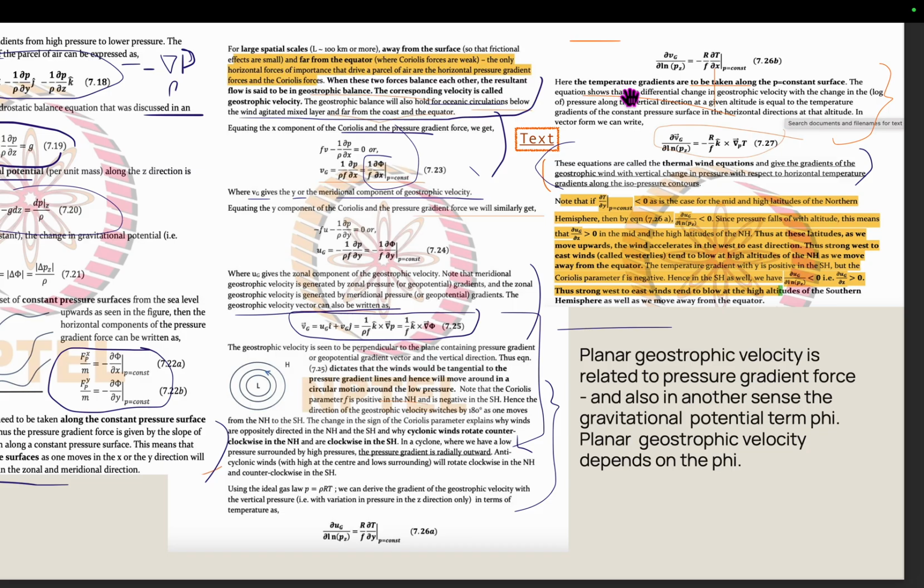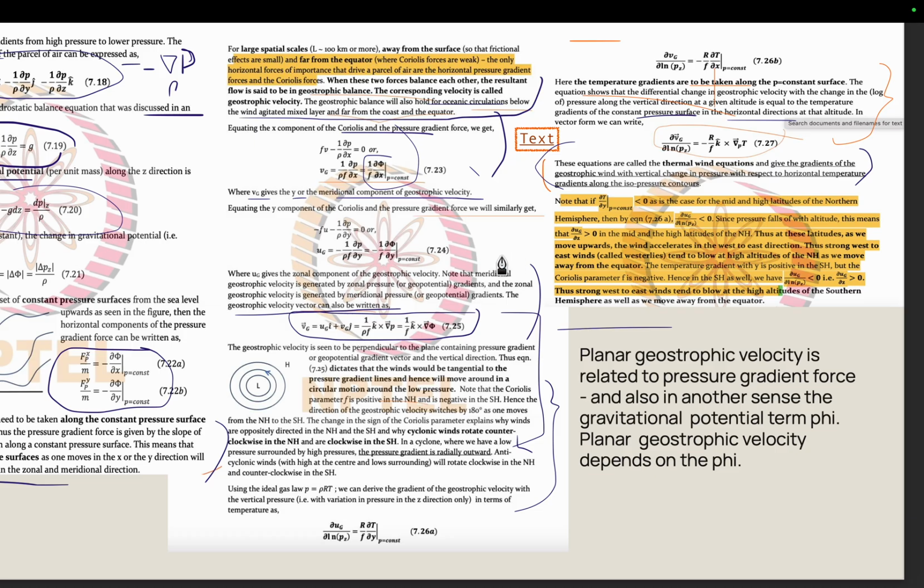Here the temperature gradients are taken along the constant P surface. This equation shows that the differential change in the geostrophic velocity vector with the change in pressure along the vertical direction at a given altitude is equal to the temperature gradient on the constant pressure surface in the horizontal direction at that altitude.